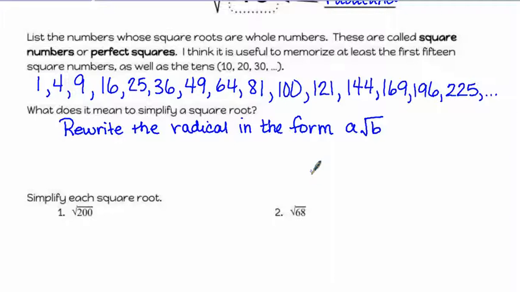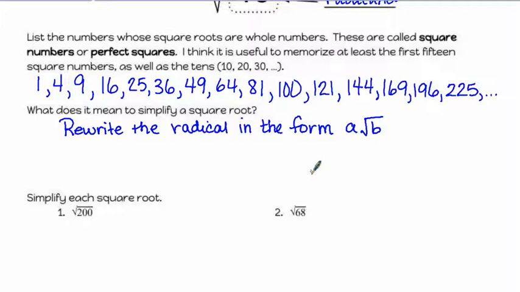Well, that doesn't make much sense, does it? What are a and b? How am I supposed to know that? A and b are, in terms of what we are doing in this class, whole numbers. They can be other values. There can be fractions in there as well. But we prefer for a and b to be whole numbers.